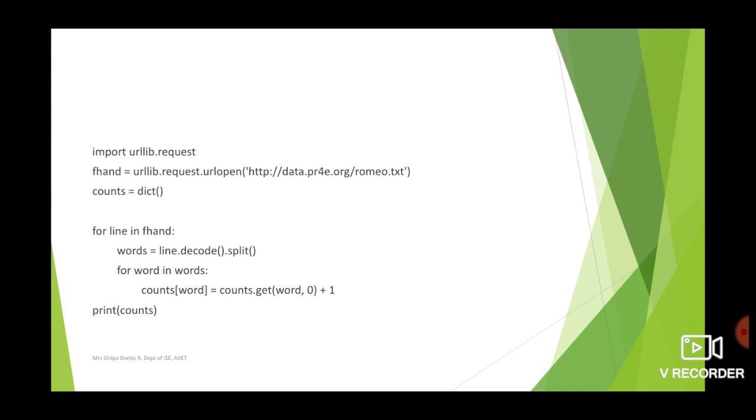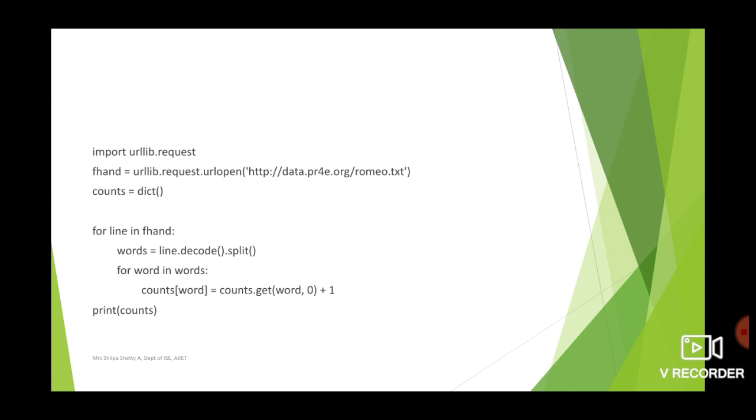So for line in fhand, we will retrieve each line from the file. Now words is equal to line.decode().split(). Once we retrieve a particular line, let us decode that. We know that the retrieved file will be in the binary format, so let us first decode it.